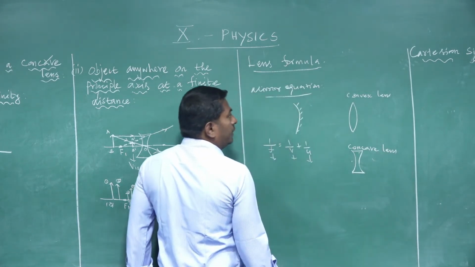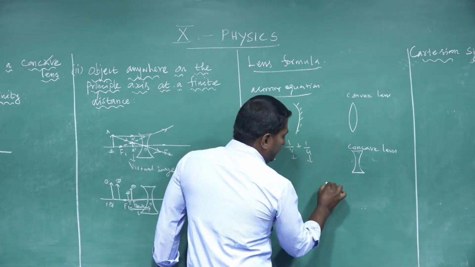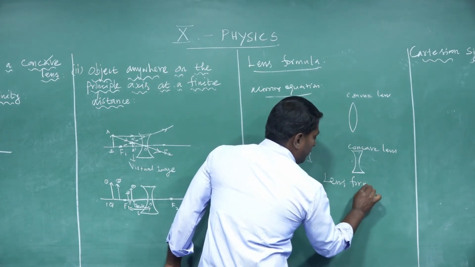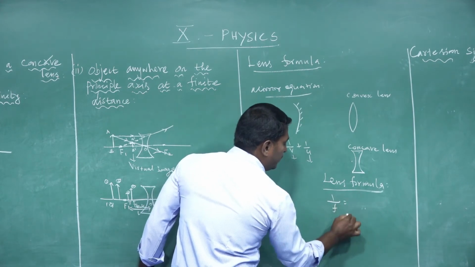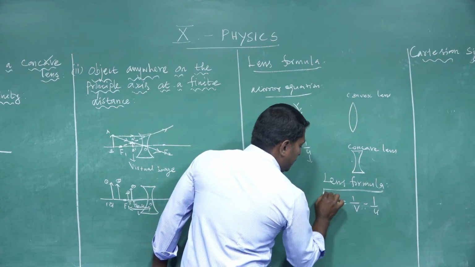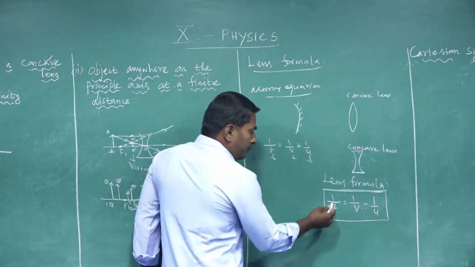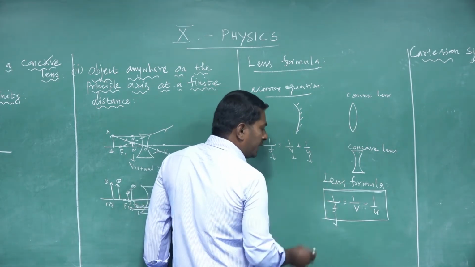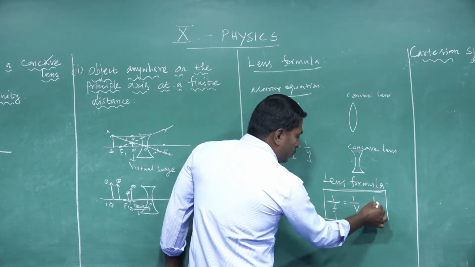We have an equation, and that equation is called the lens equation or lens formula: 1 divided by f is equal to 1 divided by v minus 1 divided by u. This is the lens formula or lens equation. So f is the focal length of spherical lenses, either convex or concave, which is equal to 1 divided by v minus 1 divided by u.